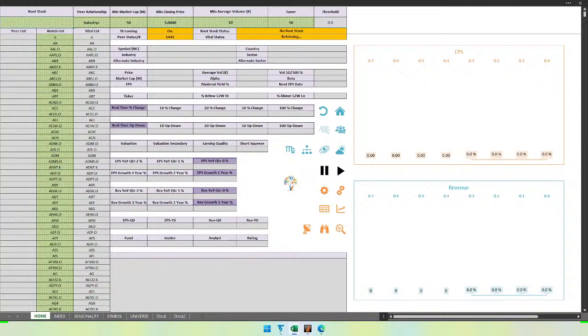So first I'm calculating a scorecard of these liquid stocks. These are all the liquid stocks, mid price and high price stocks in the USA market. Give it a few seconds to carry out the fundamental scorecard analysis. Then I will do a drill down from the industries to these stocks.